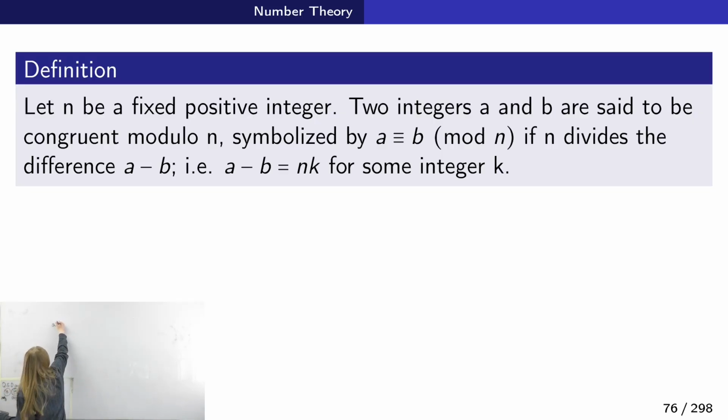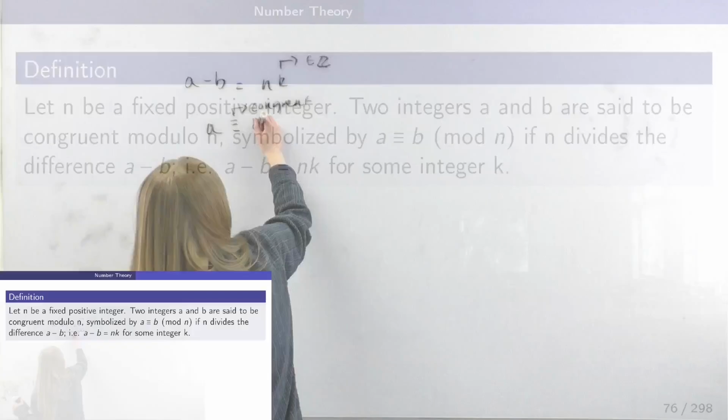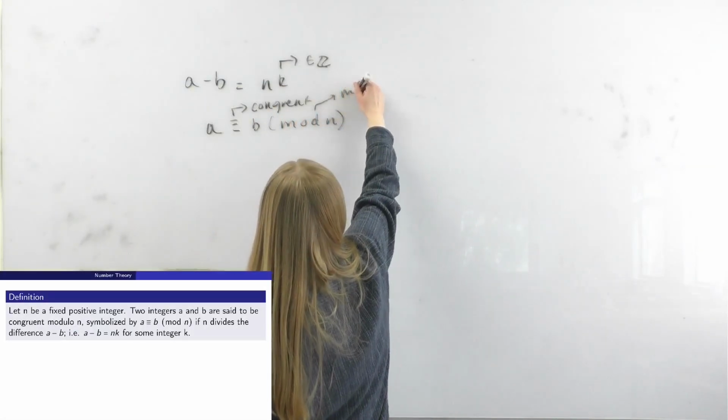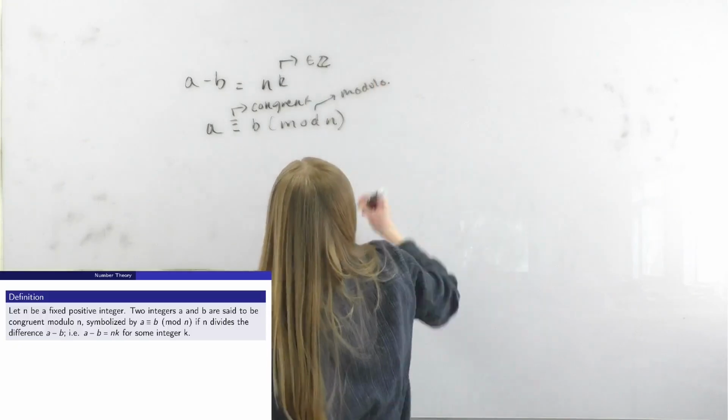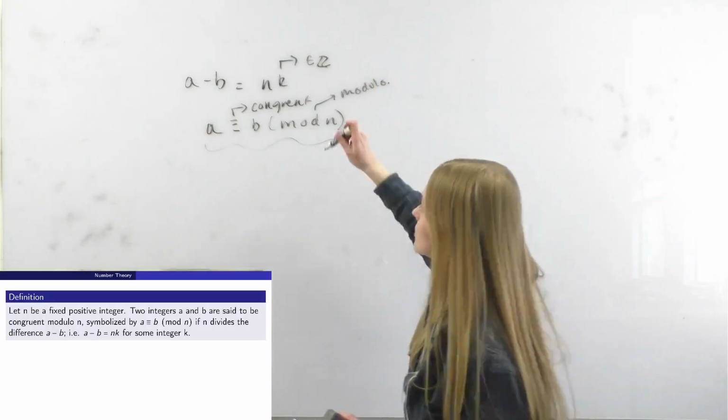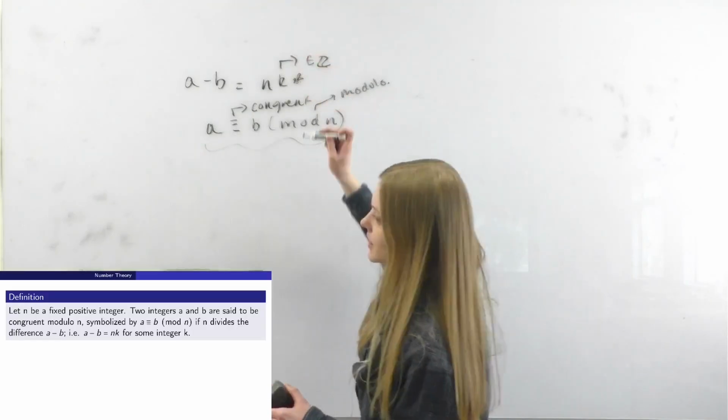So the difference, a minus b equal to nk, where k is an integer, can be written as a is congruent to b mod n. And this is modulo. Okay, so that's all this notation is. It's just a fancy way of saying this.